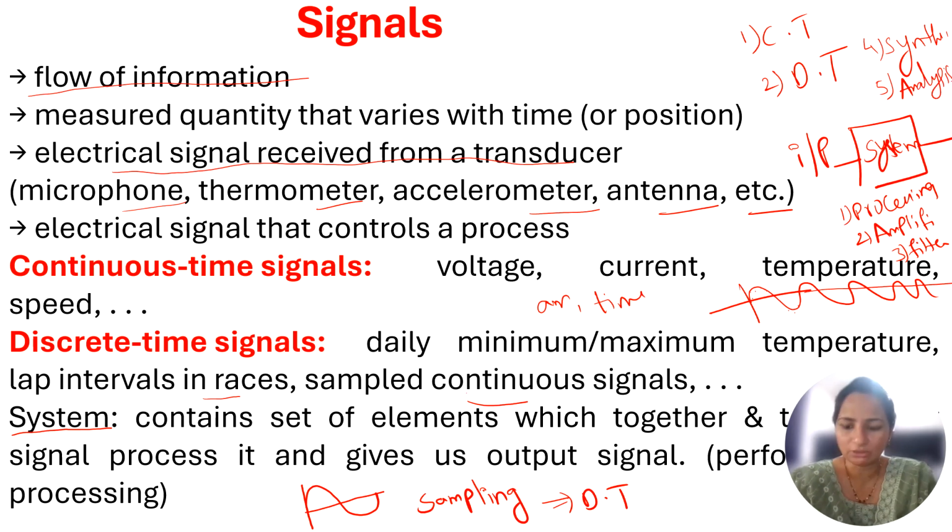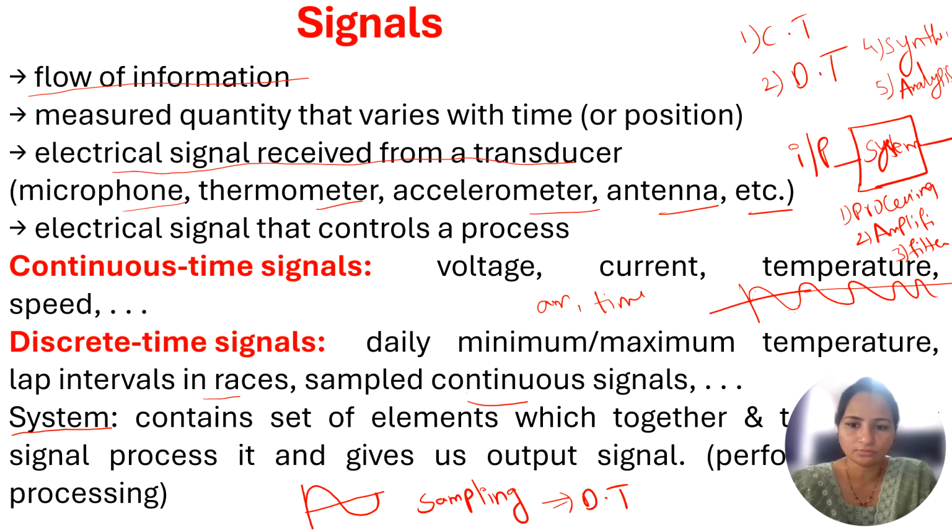Depending upon the requirement or application, it may be used for signal processing from one point to another, like audio processing, image processing and video processing, amplification or filtering process, synthesizer process or analysis process. This is called a system.